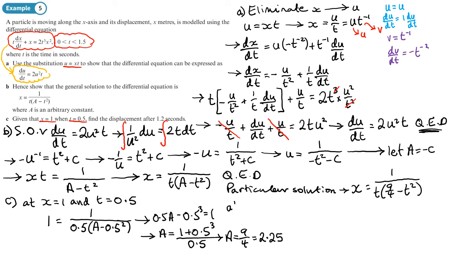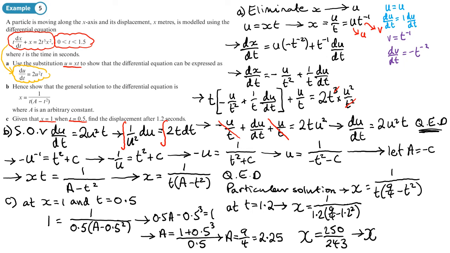So now at t equals 1.2, all we need to do is substitute in 1.2 into this to work out our value of x. So 1.2, 9 over 4 minus 1.2 squared, and we'll plug that in our calculator and see what we get for x. So that gives us an exact answer of 250 over 243.